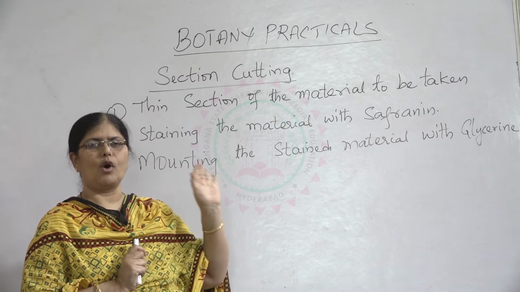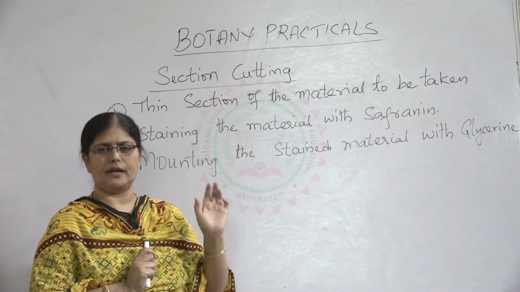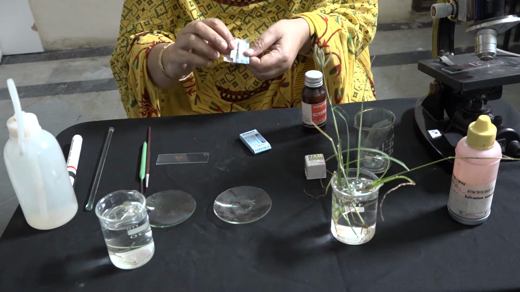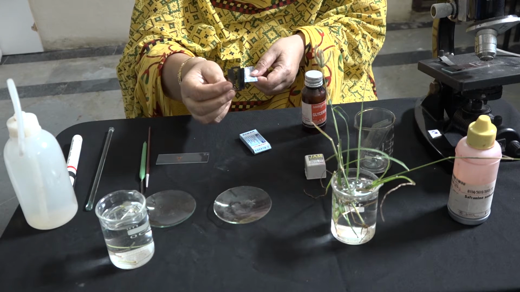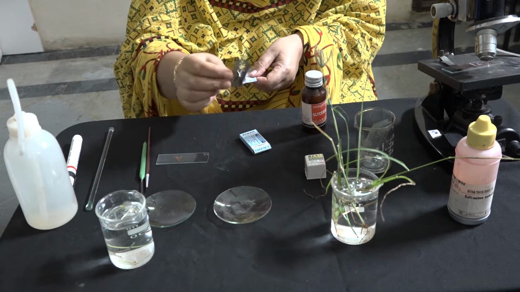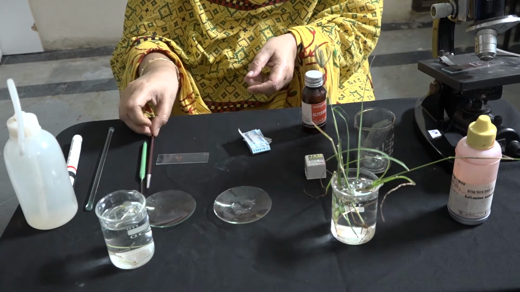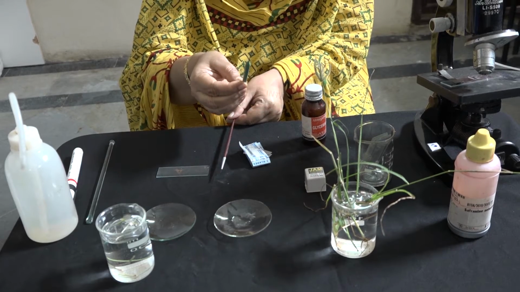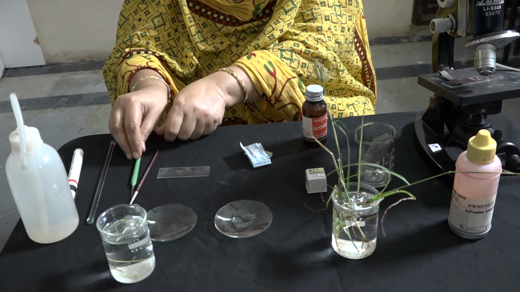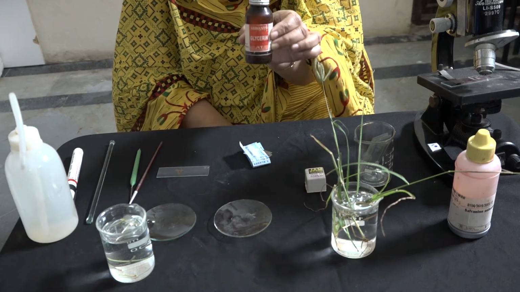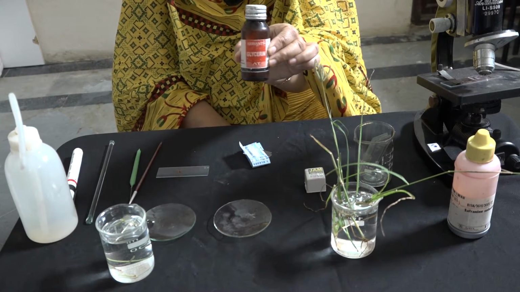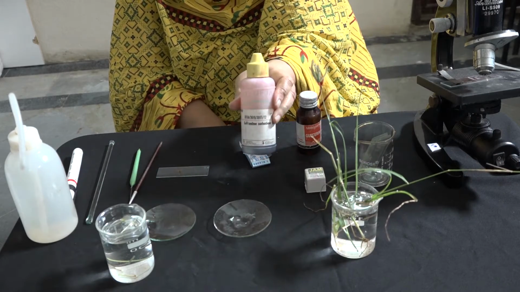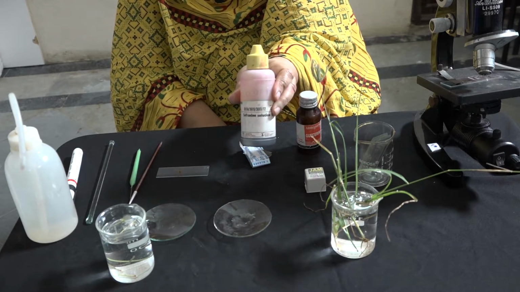Now let us see what equipment is required for section cutting. The materials required are a blade, a brush, a needle, glycerin, and safranin for stain.